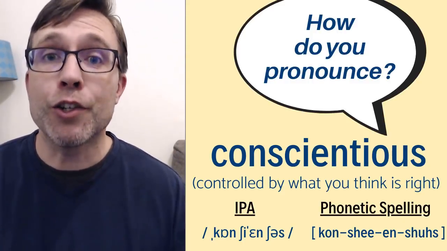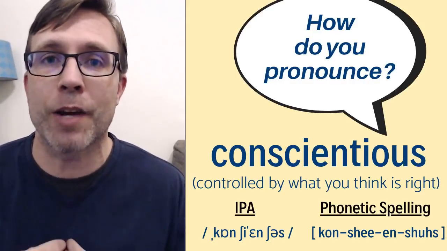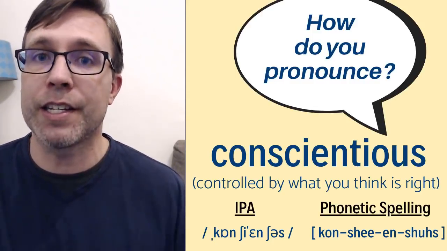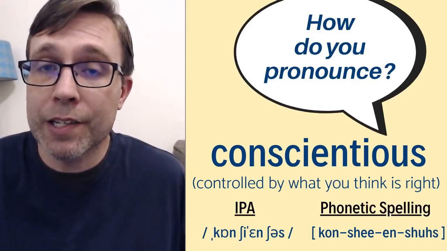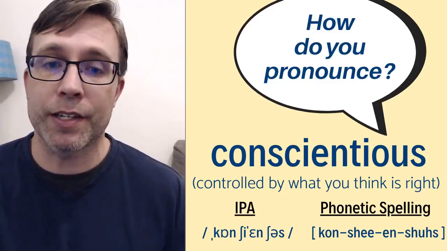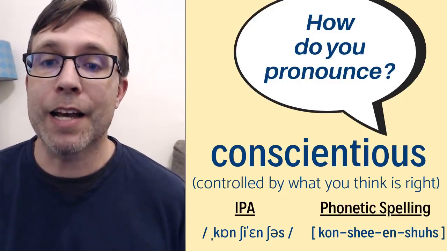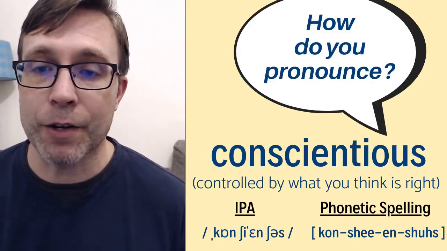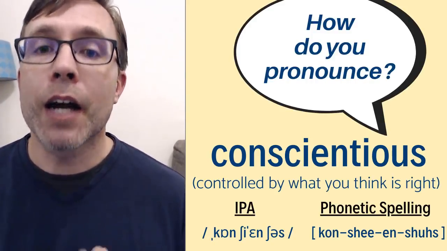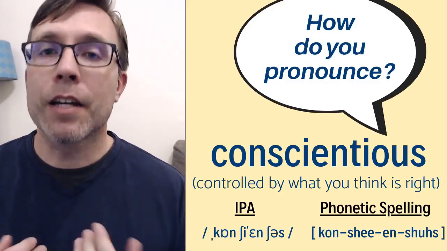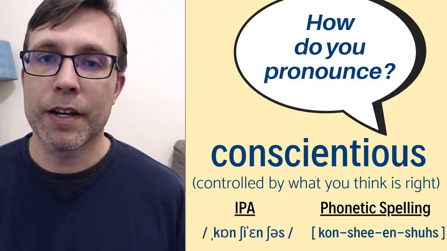You are going to do the things that you think are right, and you might try to make a conscientious decision. You're going to make a decision based on what you think is right, a conscientious decision. All right, it has 4 syllables, and you have that schwa in that final syllable. Say it after me. Conscientious. I am going to make a conscientious decision.